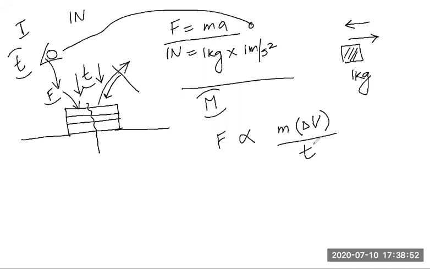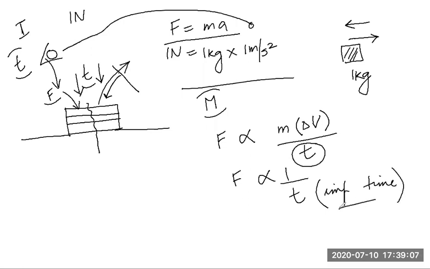See guys, t is impact time. The force applied is inversely proportional to impact time. If the impact time is more, the force applied would be less. And in case the impact time is very, very less, a very high amount of force would be applied.